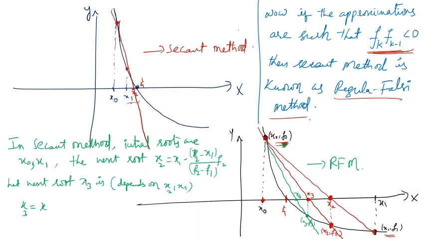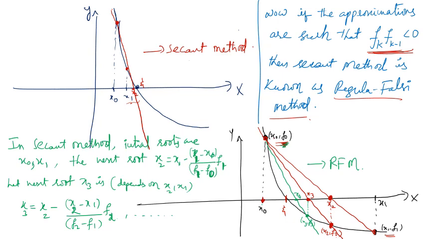So x3 equals x2 minus (x2 minus x1) by (f2 minus f1) into f2. This is the formula, and so on like this.